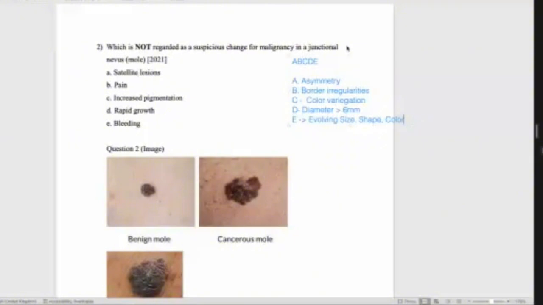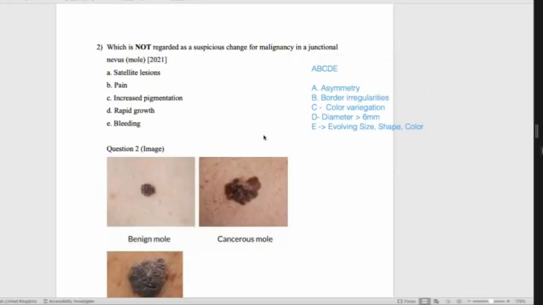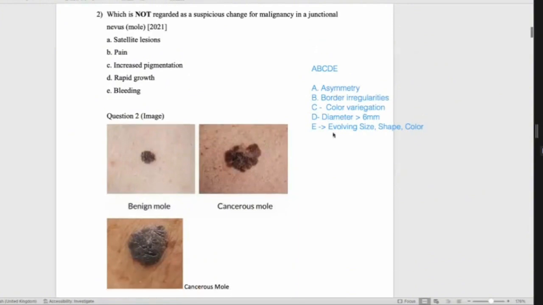So I always think about these particular criteria as you encounter any form of dermatology question related to moles and whether it's malignant or not. So we're going to look at it, right? First of all, according to my criteria, A, B, C, D, E, that you guys should remember, we have A for asymmetry, right?